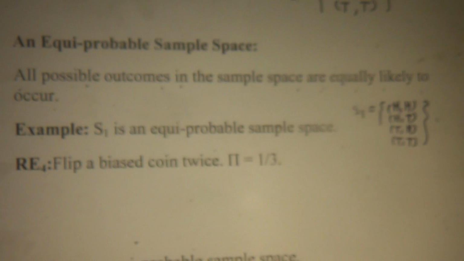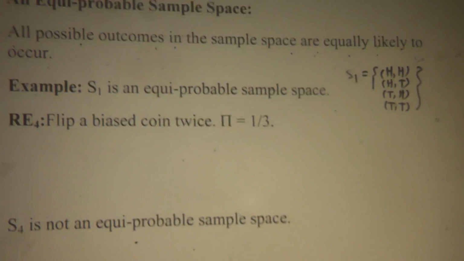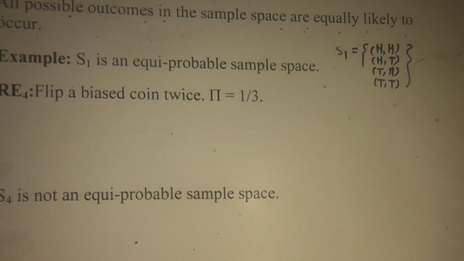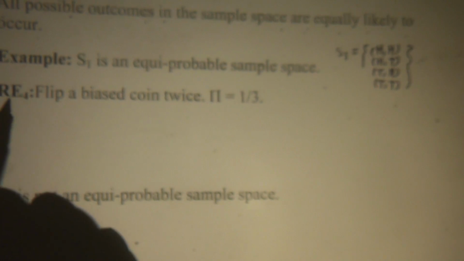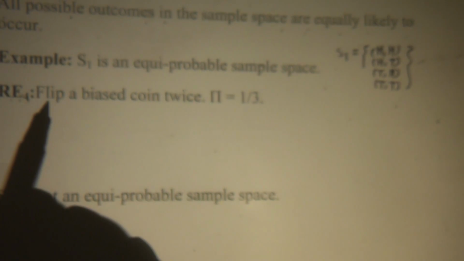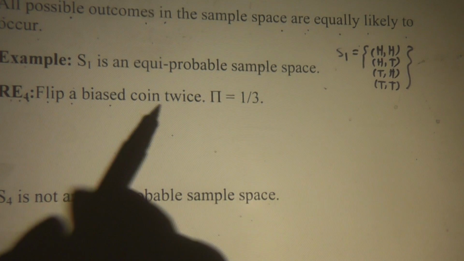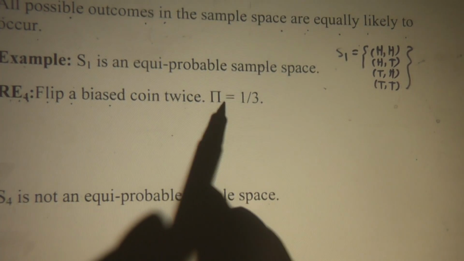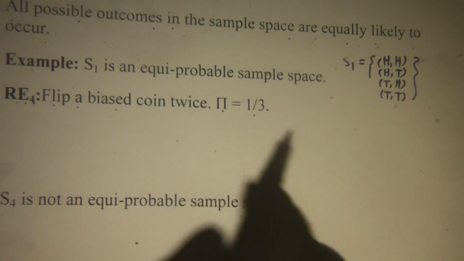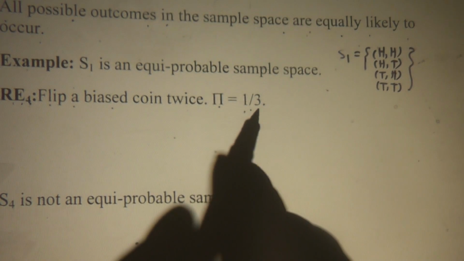Now, next I'm going to give you a sample space that is not equiprobable. Let's look at random experiment 4. Suppose I flip a biased coin twice. How biased is the coin? The chance of getting heads is not 50%.